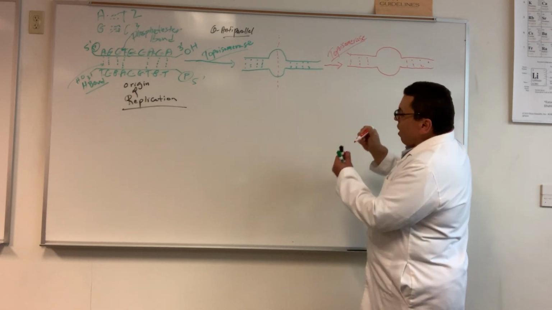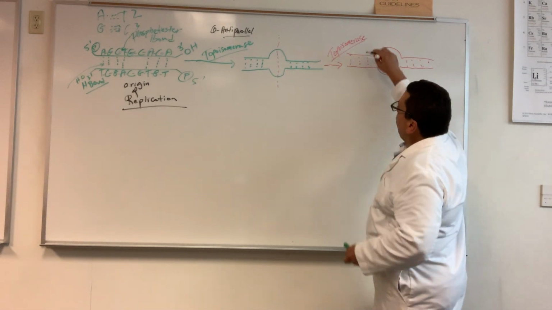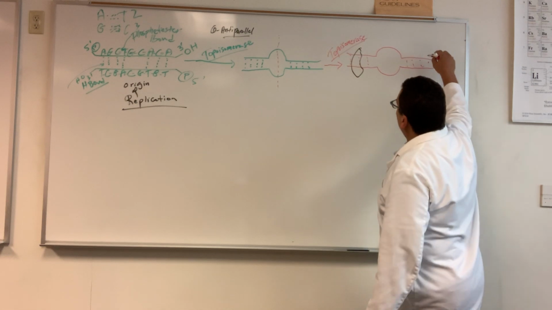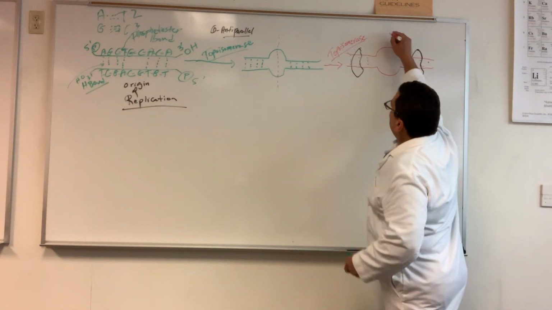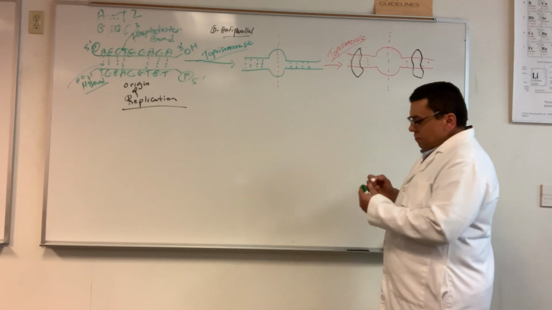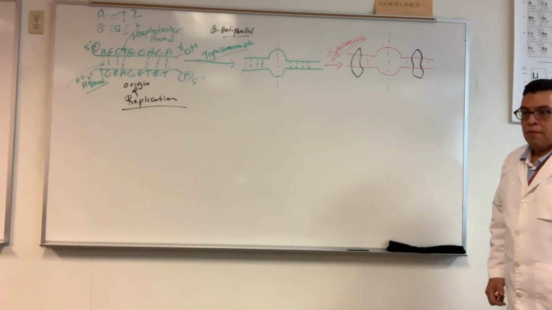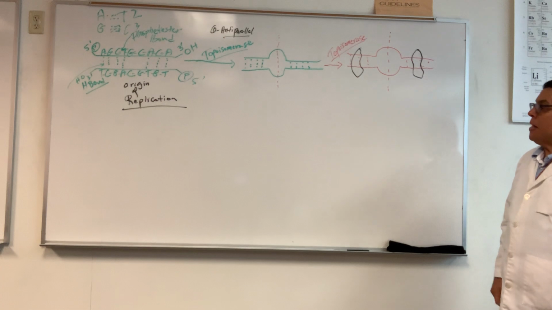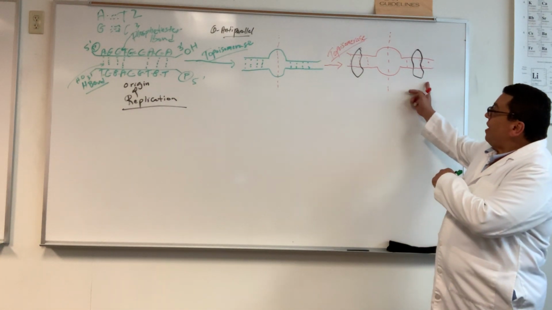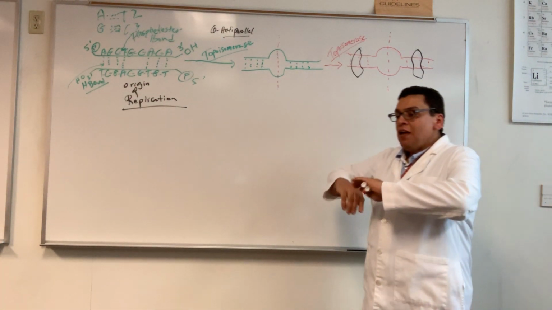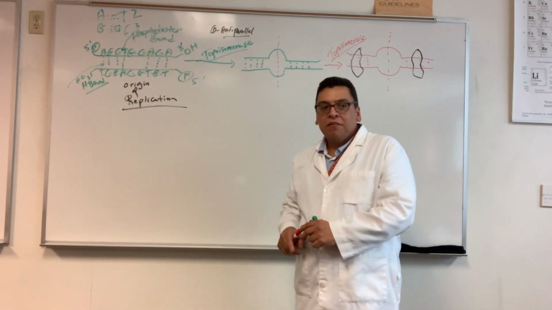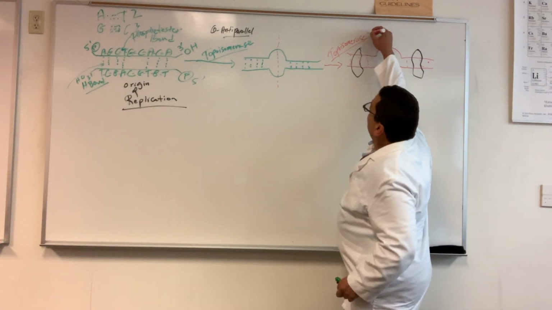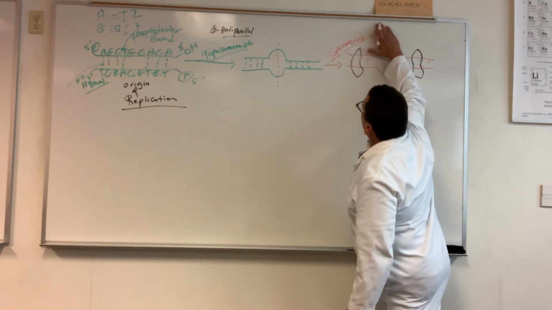The only difference now is I now have a topoisomerase sitting here, which is an enzyme, and another one sitting here, and here's my mirror right here. Same thing. And both of them are topoisomerase, will do what? Will untangle the DNA.